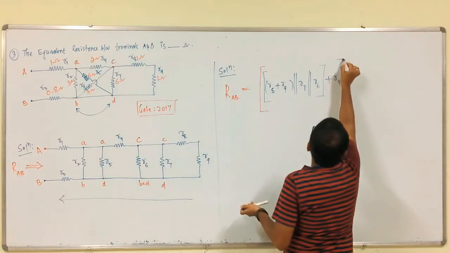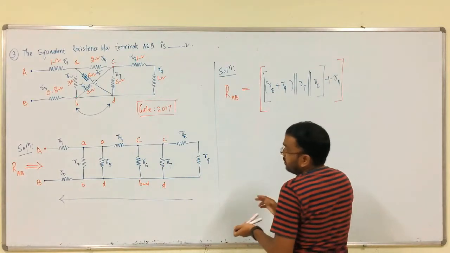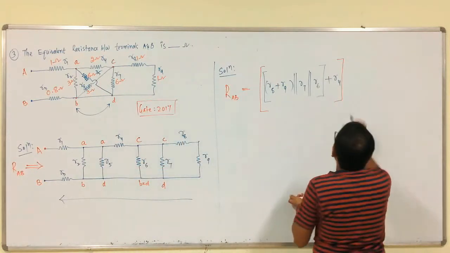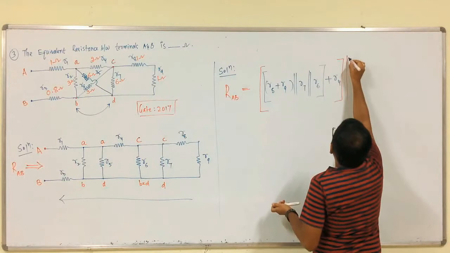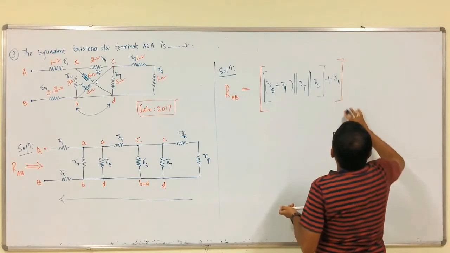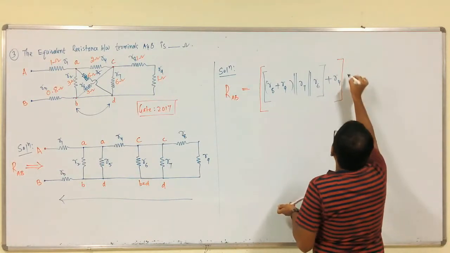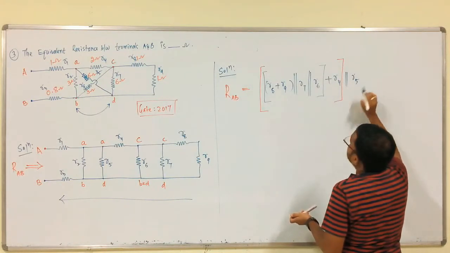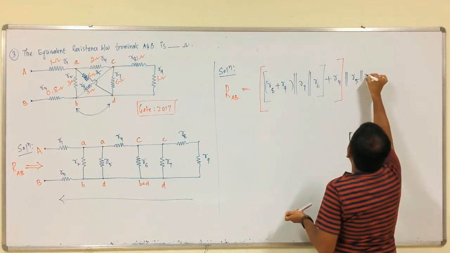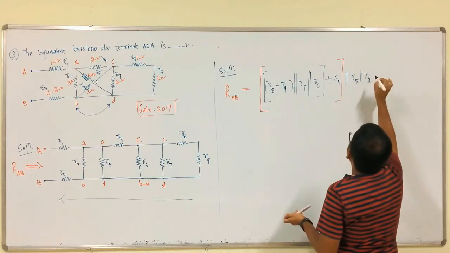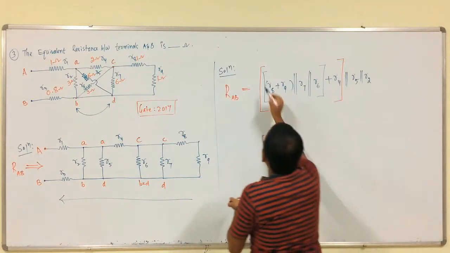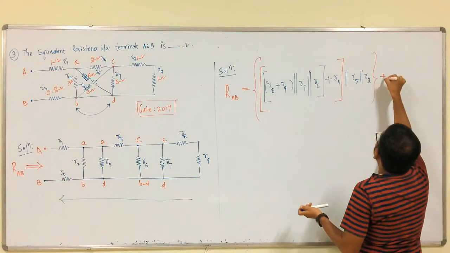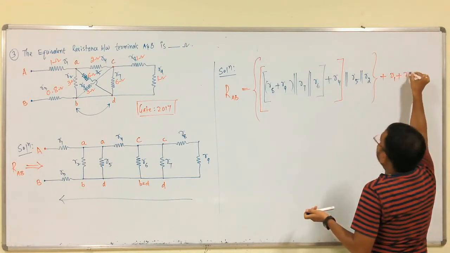Then this whole combination is parallel with R5, R2. This whole combination is then in series with R1 plus R3, that is it.